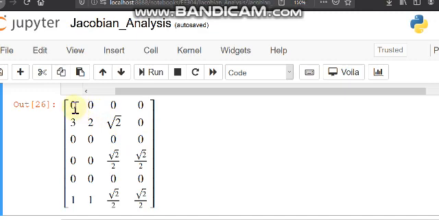We know very well when theta 1 dot is 1 and theta 2 dot, theta 3 dot and theta 4 dot are 0, then the linear velocity of O4 is going to be this 0, 3, 0. What this says is O4 would move along the y direction. It will not have any component along x or z direction.